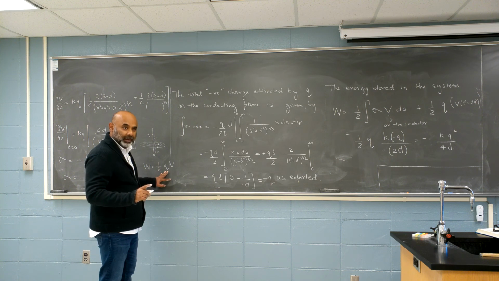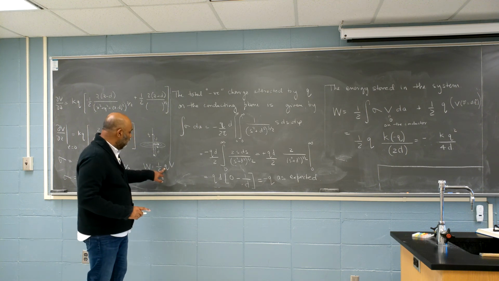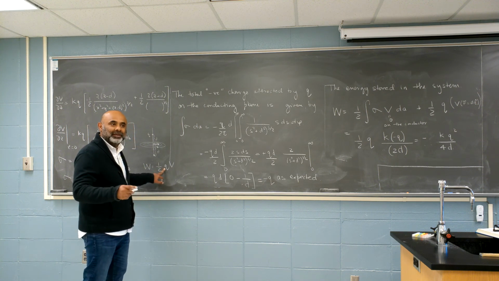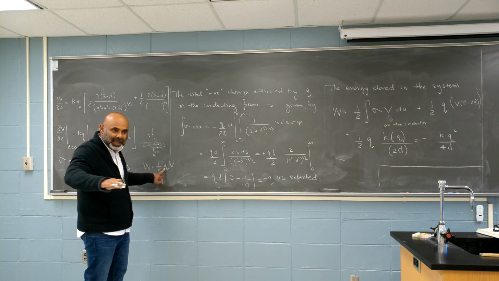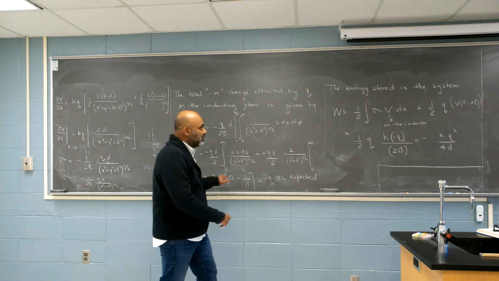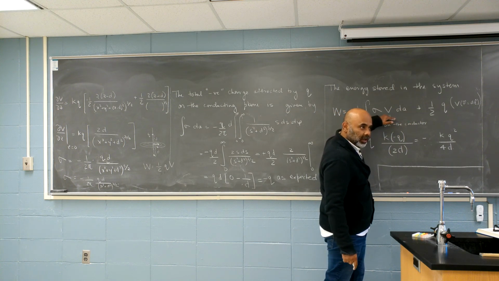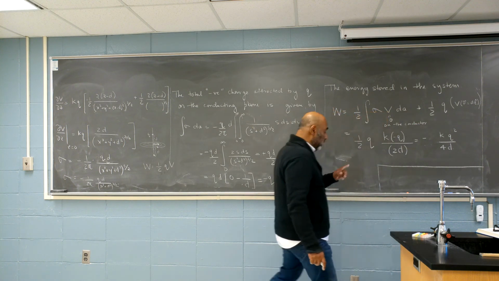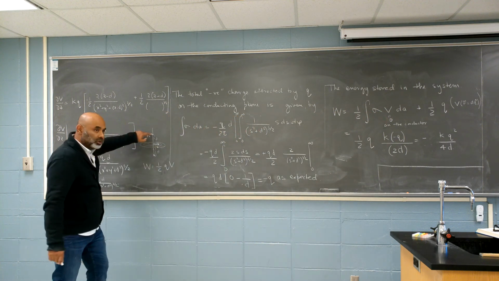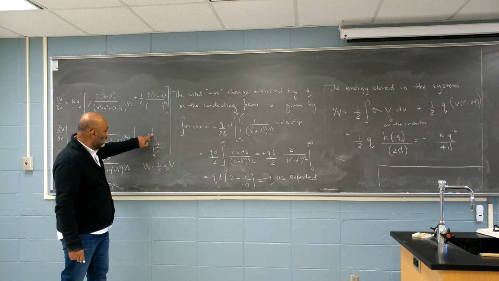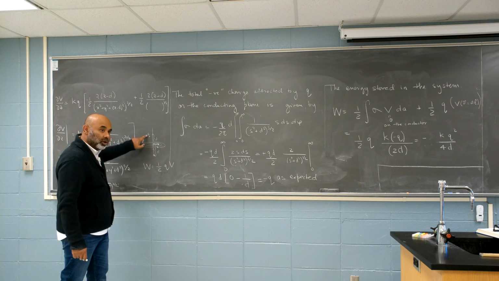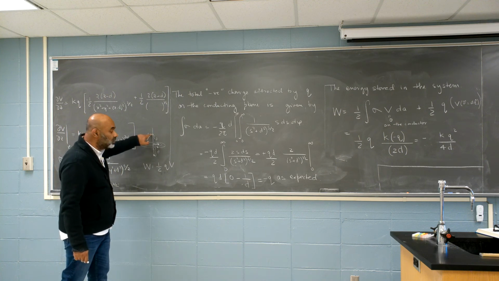On the conducting plane, Q usually becomes rho dV, but for us it's a plane, therefore Q becomes sigma dA times the potential on the conducting plane. Plus, then there's the other charge over here. So 1/2 times this charge times the potential this charge sees.